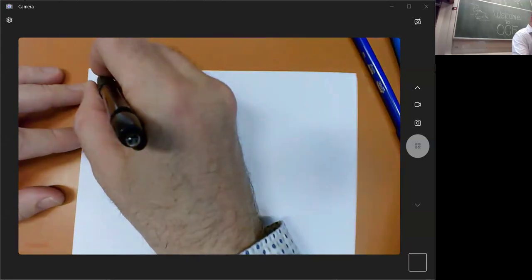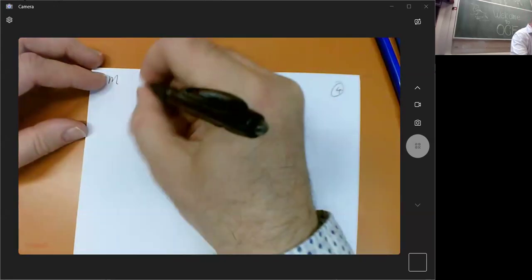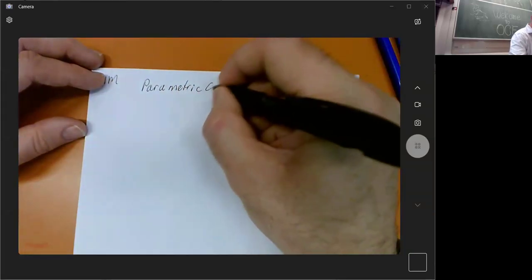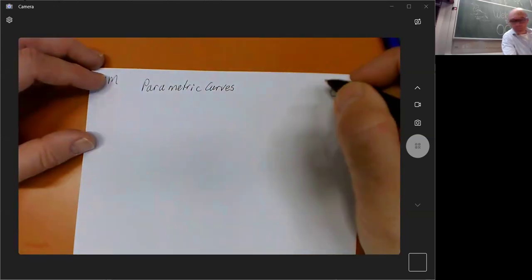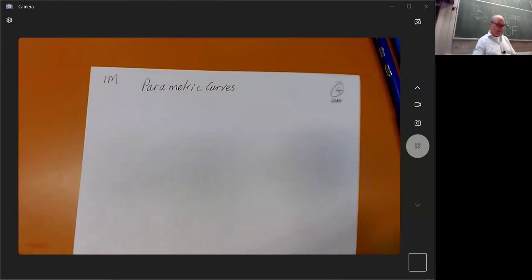All right. I feel like we've had enough of trig. Why don't we try some parametric curves? I noticed this one had a reasonable question for parametric curves, so I'm going to go and check it.